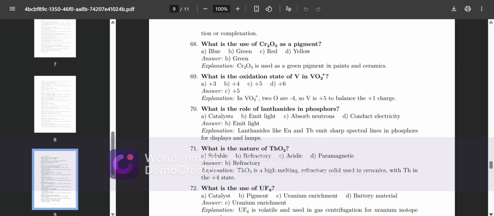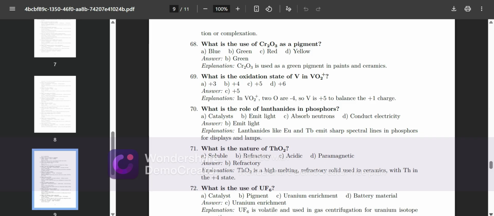What is the use of Cr2O3 as a pigment? Green. Cr2O3 is used as a green pigment in paint and ceramics. What is the oxidation state of V in VO2+? +5.